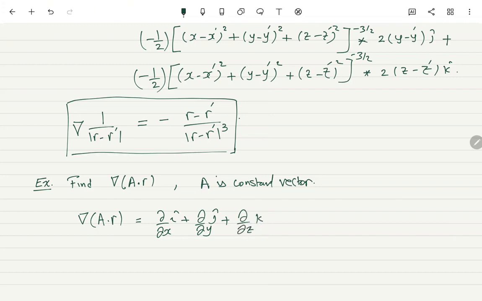Now A is actually a constant vector, so this del operator has no effect on A, it has only effect on R. Now the position vector here is actually equal to x i plus y j plus z k.